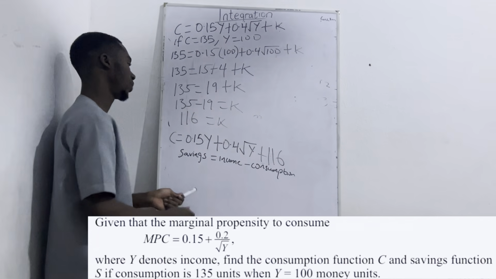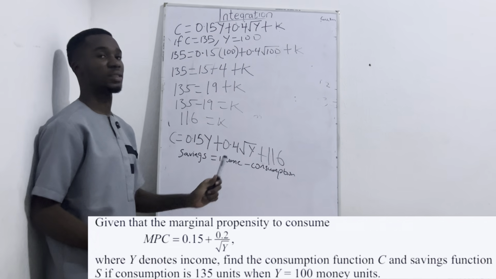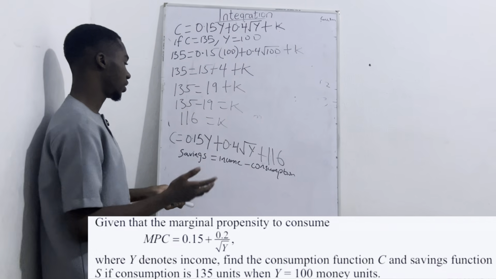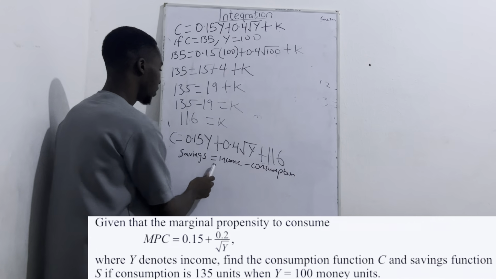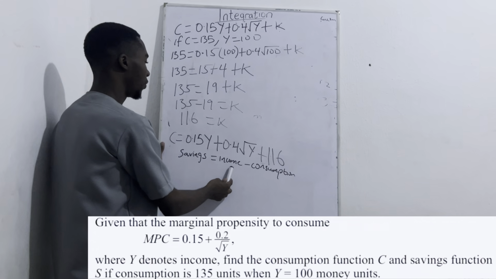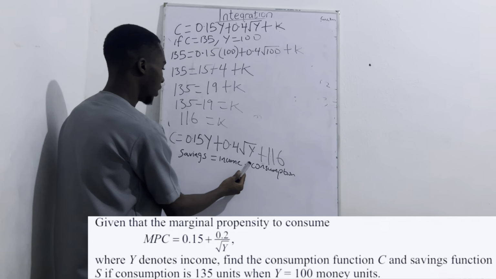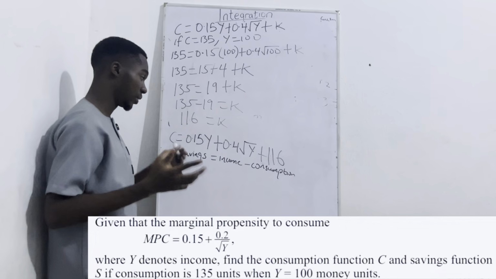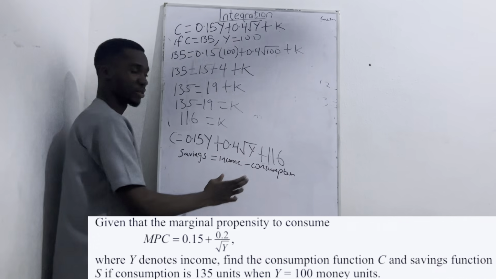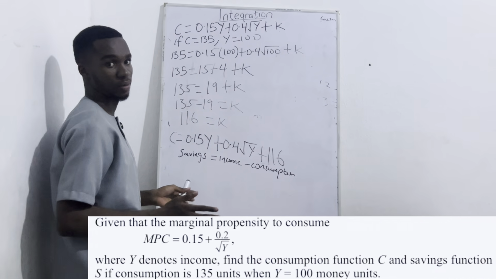Your savings is equal to your income, how much you earn, minus how much you consume. So you can do a change of subject. So some questions you might have to use income. So if savings is equal to income minus consumption, it means if you want to make income the subject, the income will be equal to the savings plus consumption. But just put it in your head. Savings is equal to income minus consumption. You can do a change of subject, you get it.